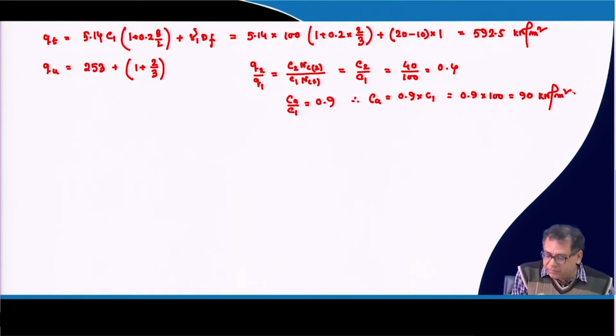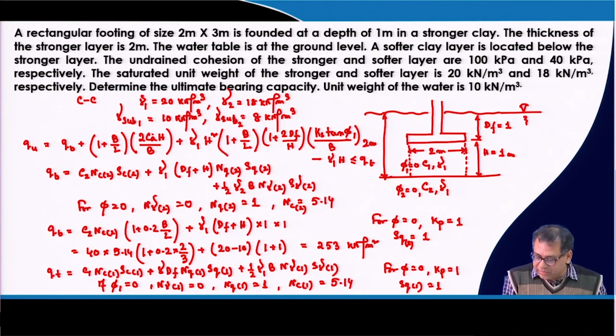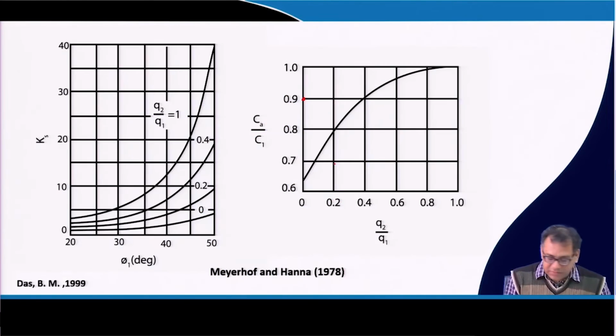Now, I am putting this value in my original equation. This term is 0, as I mentioned, because your phi 1 is equal to 0. So, it is only this term, and then minus gamma 1 h, because we have taken the h contribution during QB calculation. So, we have to subtract.